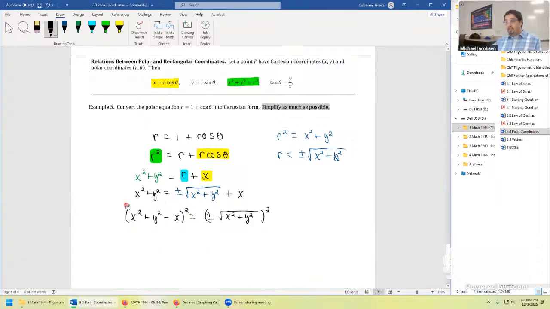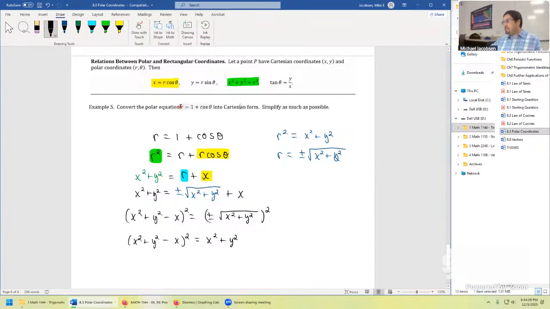We'll just leave it in this factored form, power 2. But power 2 helps the right-hand side. It eliminates the ambiguity. It's now just positive on the right-hand side. It also eliminates the square root, so that's a nice side benefit. We have the equation x squared plus y squared minus x squared, so it's a complicated one, equals x squared plus y squared.